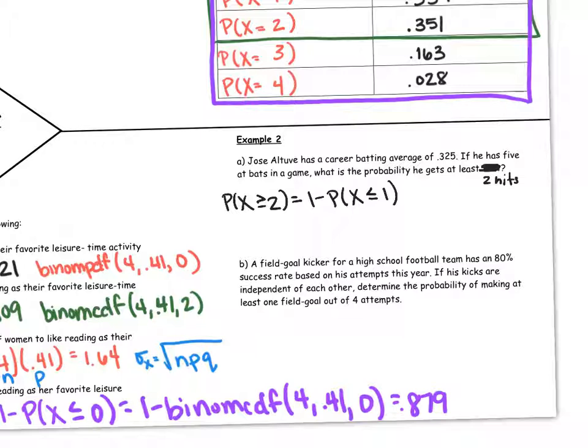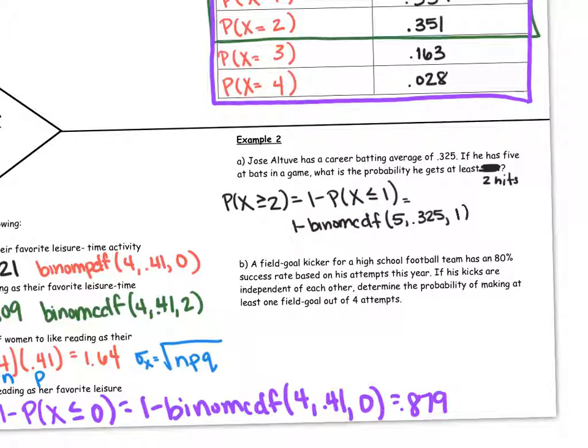So in our calculator, what do we type in? 1 minus the binomial CDF. What's your N? 5. What's your P? 0.325. What's your X? This time your X is whatever's sitting next to the less than or equal sign, which is a 1.